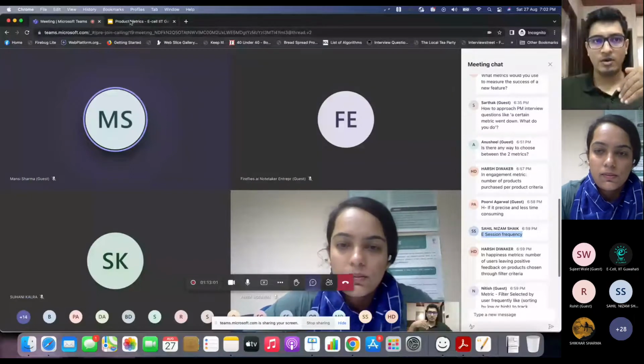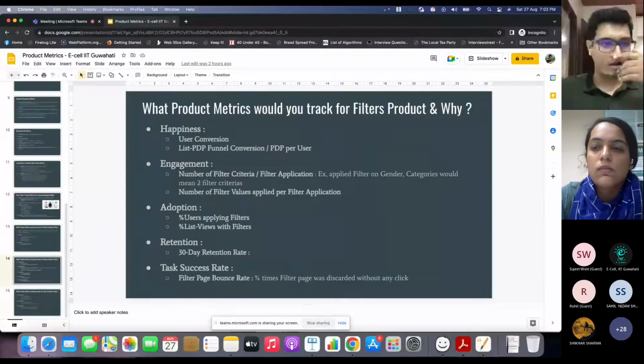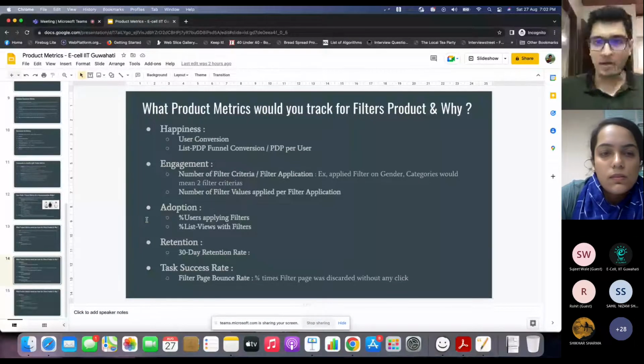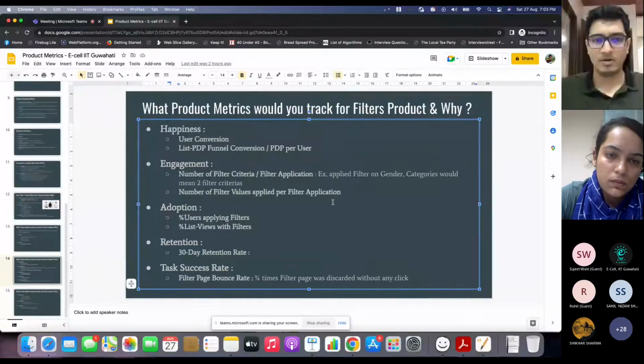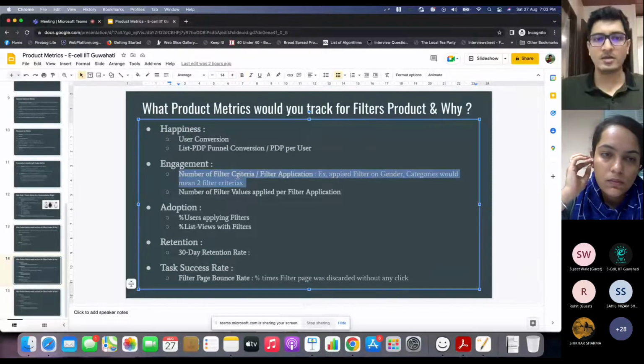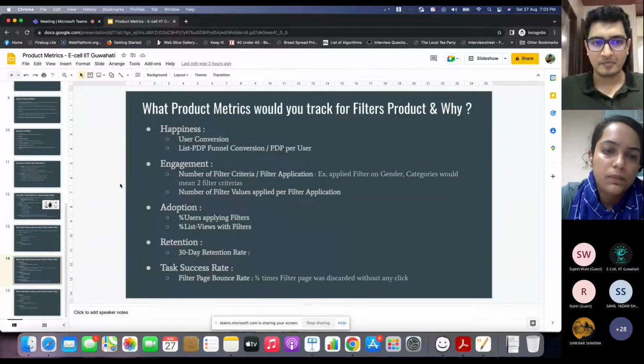So from an engagement perspective we will track the number of filter criteria that people are using, or the number of filter values applied per filter application. Because if they are using filters effectively, they are engaging more with your product, and if they understand the filters product, they are understanding the product.